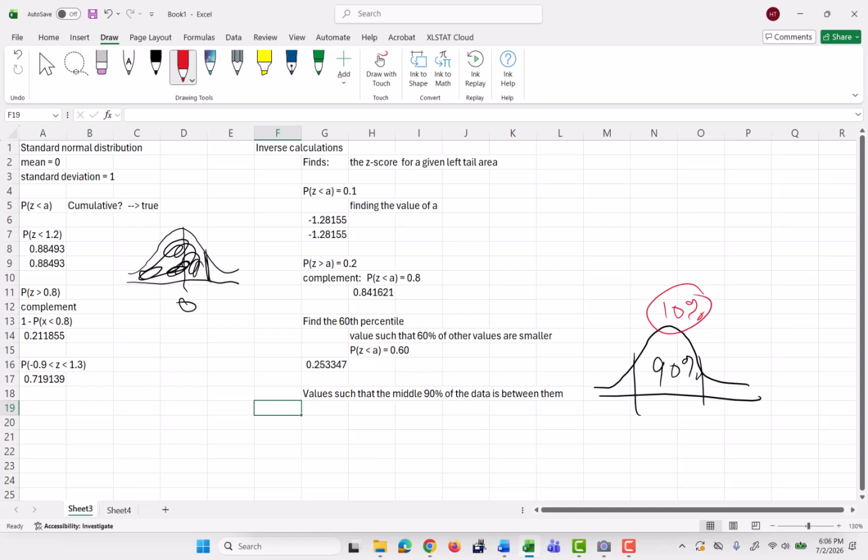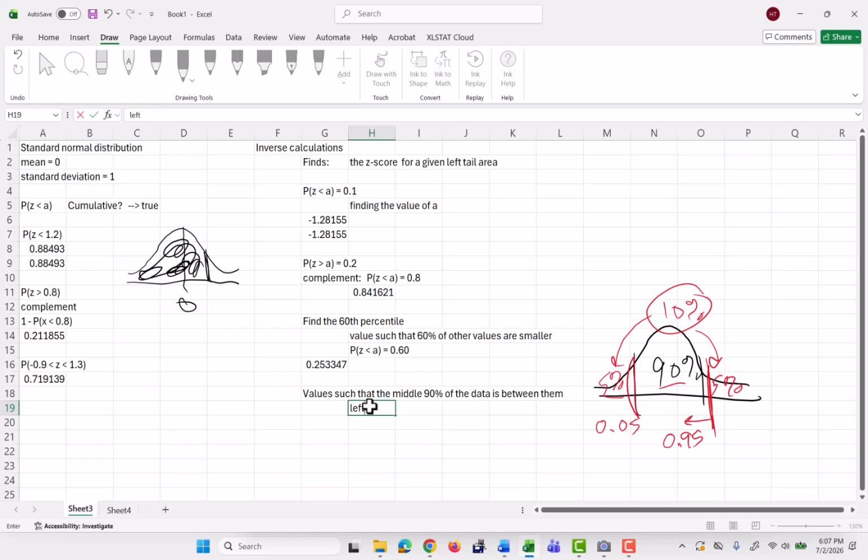That 10% is split 50-50, 5% on each side, because the curve is symmetrical. So 5% on each side of that middle 90%. This cutoff here is a left tail area of 0.05. This cutoff here has a left tail of 5 plus 90, which is 95%, so that left tail area is 0.95. So let's calculate those.